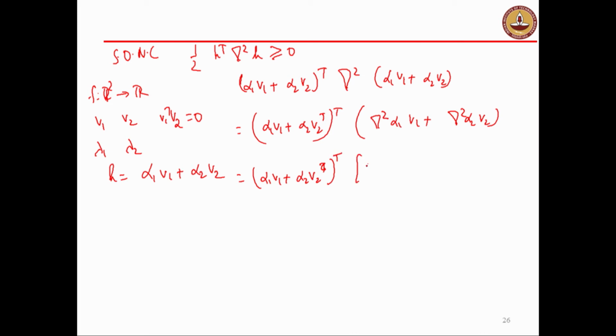Alpha 1 is a scalar, so I can bring it out over here. Likewise, alpha 2 is a scalar. This is a Hessian times an eigenvector, and a matrix times an eigenvector is equal to eigenvalue times the eigenvector. So this is just alpha 1 lambda 1 V1, and for V2, the Hessian times that eigenvector is alpha 2 lambda 2 V2.